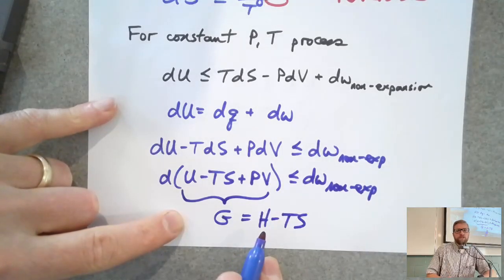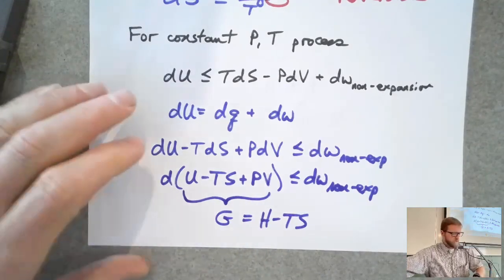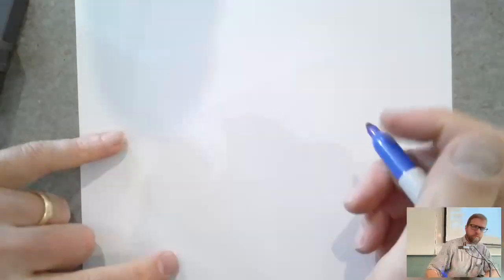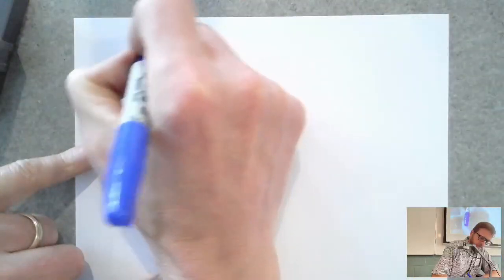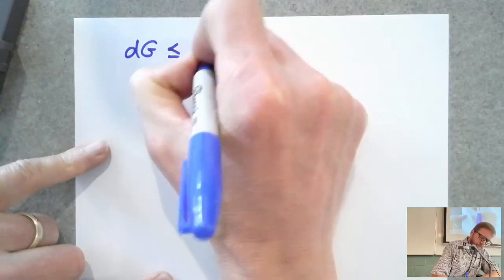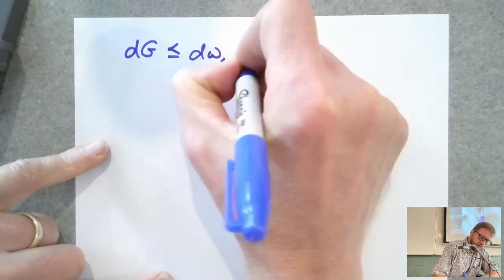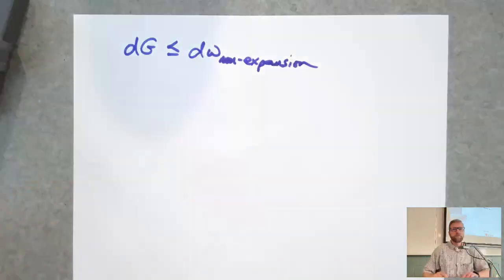And what is H? U plus PV, right? So all that stuff is G. So then we wind up with this inequality right here.